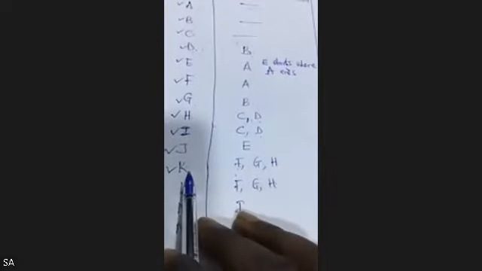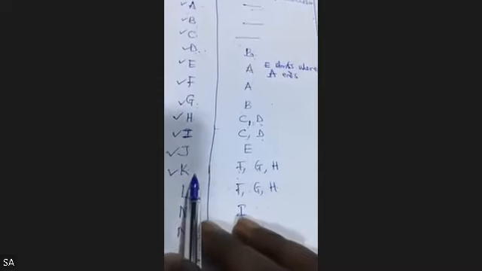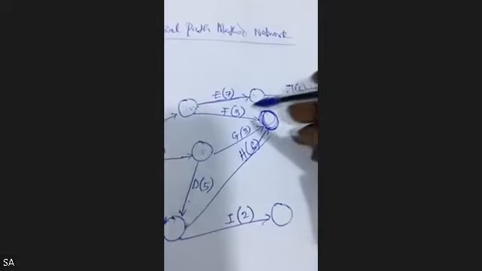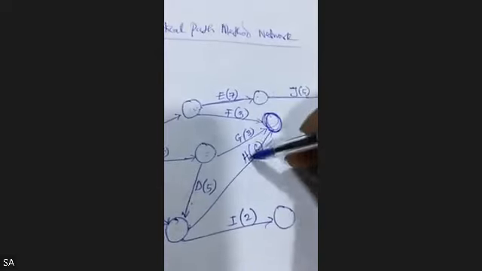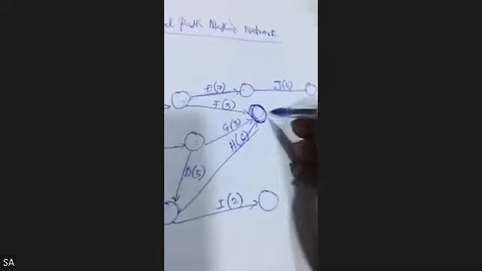Next one, K. Before K happens, FGH must have happened. It means that FGH must come before K. So my K will come from FGH. So this activity will proceed from FGH.